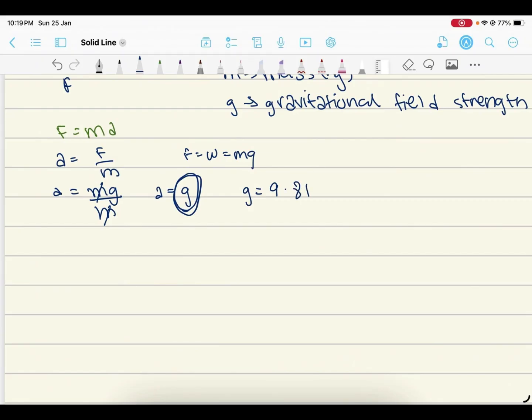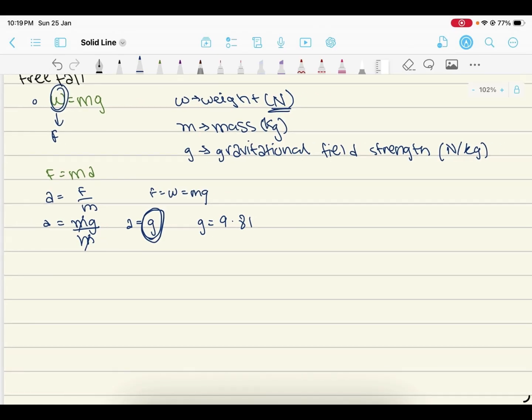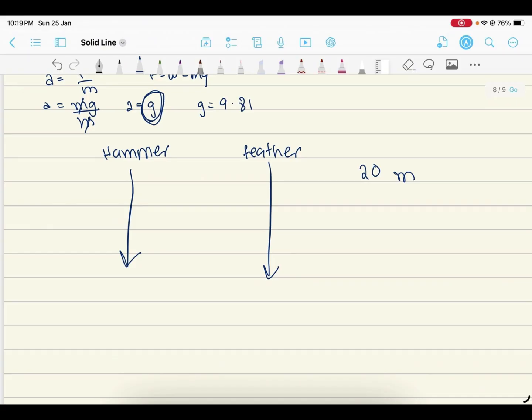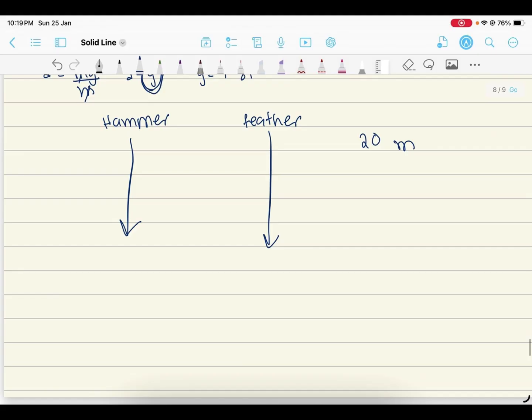The value of gravitational field strength on Earth is 9.81. Each planet has its own different gravitational field strength. So that means if, let's say, a hammer or a feather were both to fall from the same height, let's say 20 meters, in a vacuum, which is a space with no air, no particles, they both will fall at the same acceleration, which is 9.81 meter per second square.